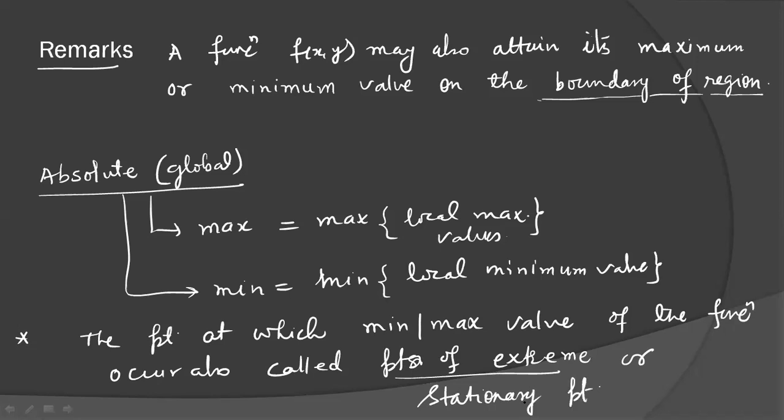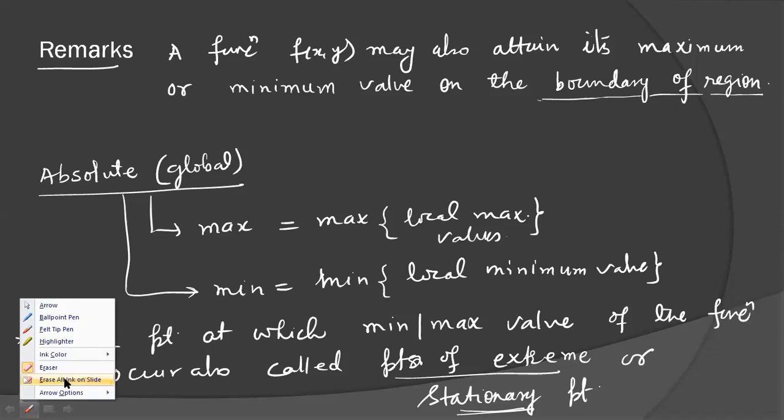If you are getting maxima or minima at any point, then that point is called a stationary point. Here (a, b), we suppose, is the point of maxima or minima, then this is called a stationary point.